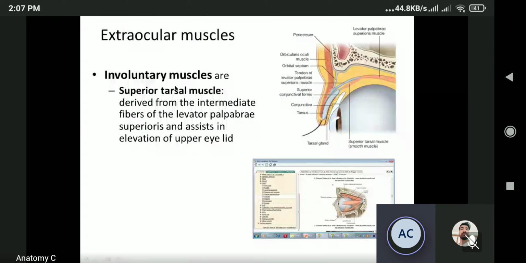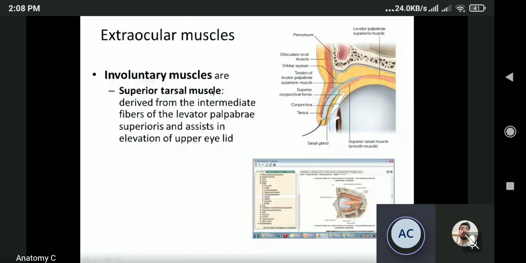So, the superior tarsal muscle. Look at it. This is the superior tarsal muscle, the small one. The superior tarsal muscle is derived from the intermediate fibers of levator palpebrae superioris. Look at it. This is the levator palpebrae superioris muscle. From here, it gives off another muscle, that is the superior tarsal muscle.